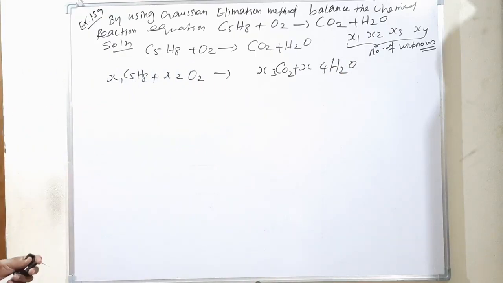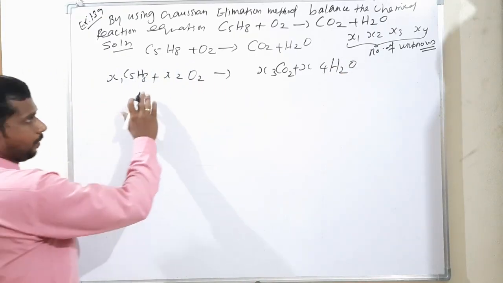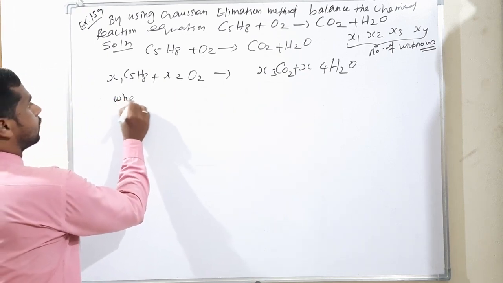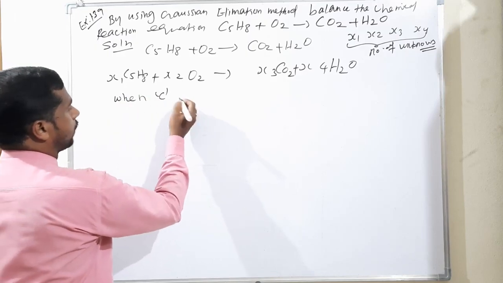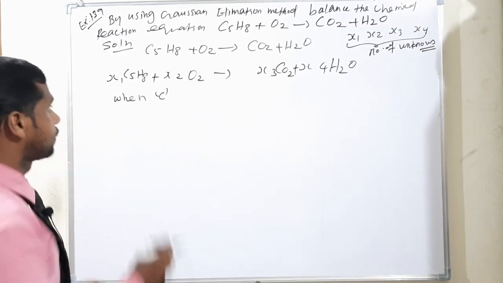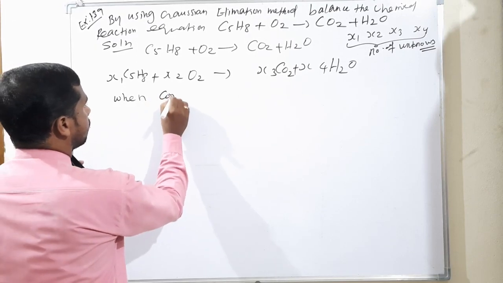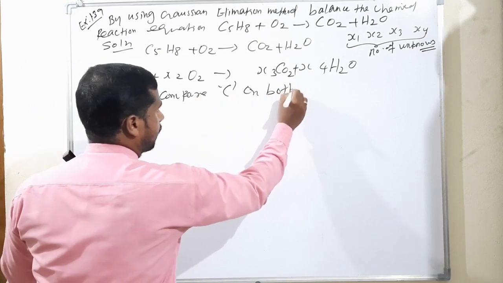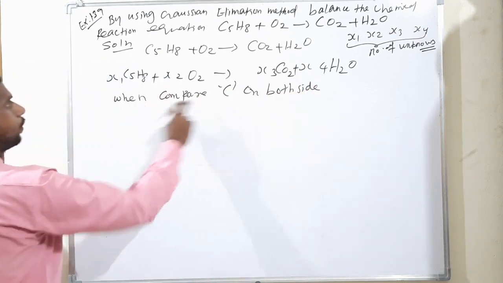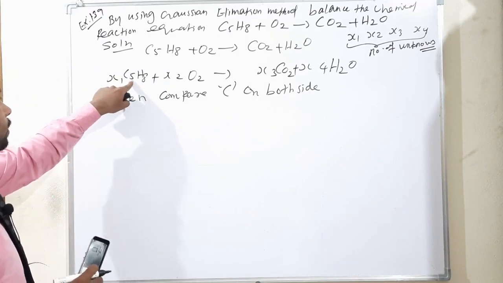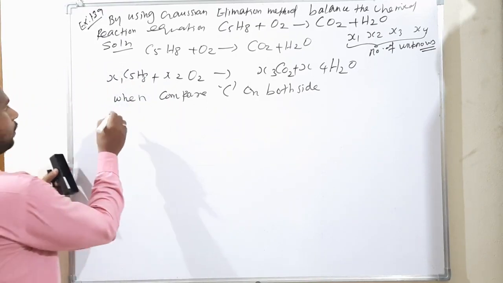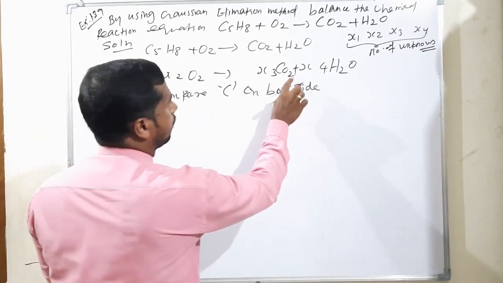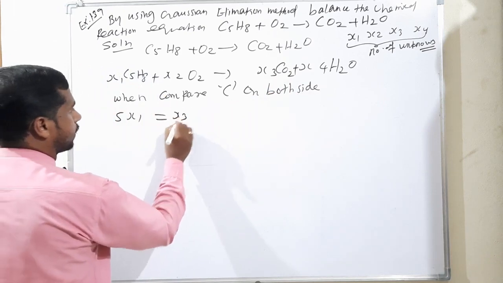Now, after considering the number of unknowns, first compare C on both sides. On the left side there are 5 C, so 5x1. On the opposite side, C appears only 1 time, that is x3.